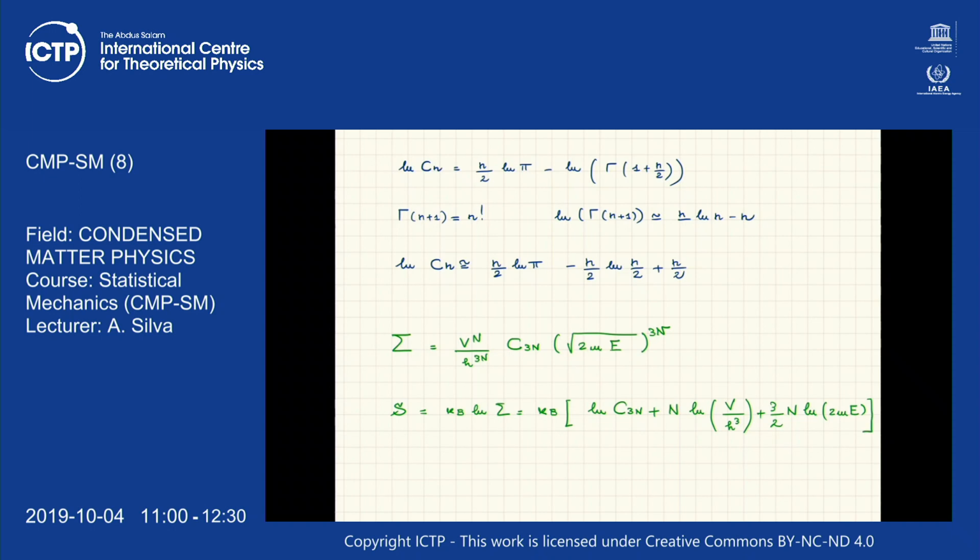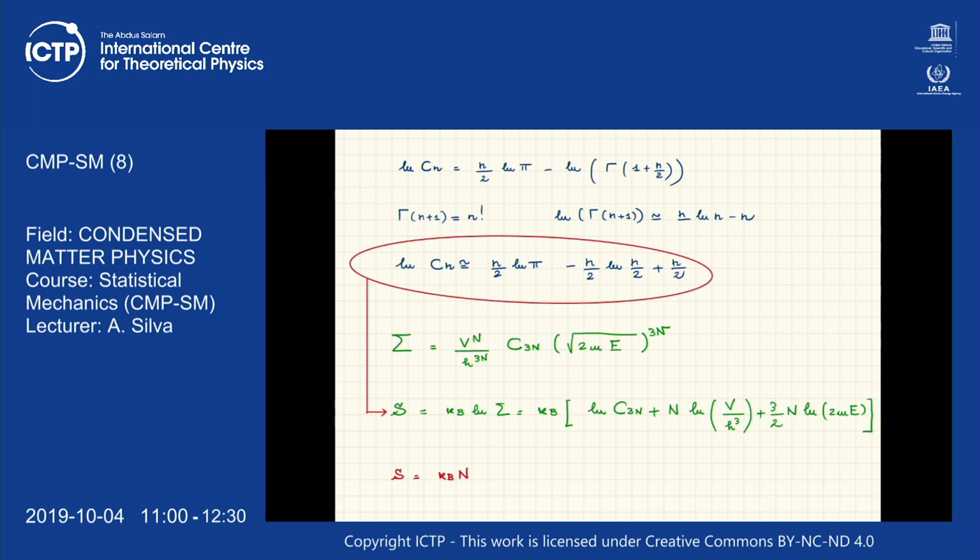And now if you plug in this expression, this one, let's see if I'm able to make a circle. So now if you take this and plug it in here, what you will get is that your final expression for the entropy will come out to be K Boltzmann times n.